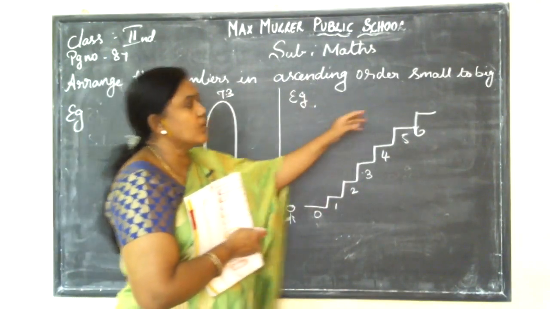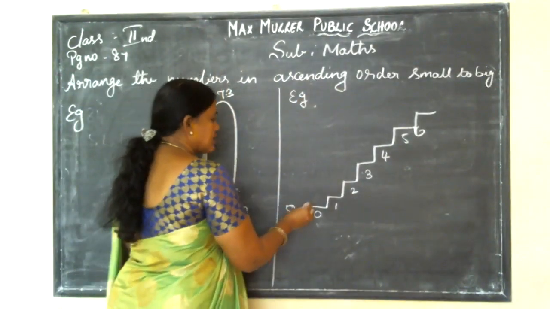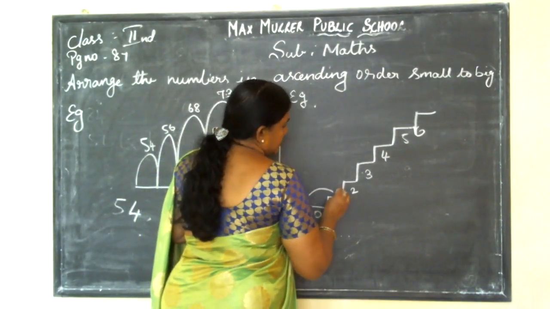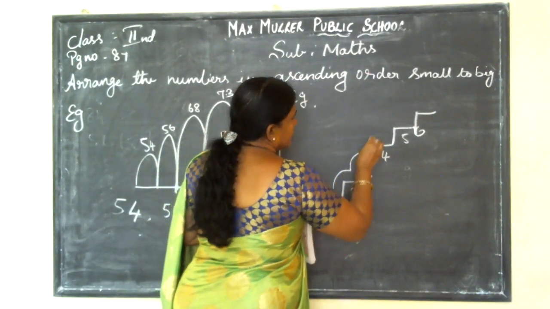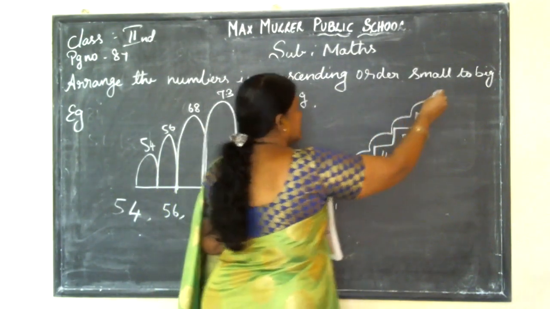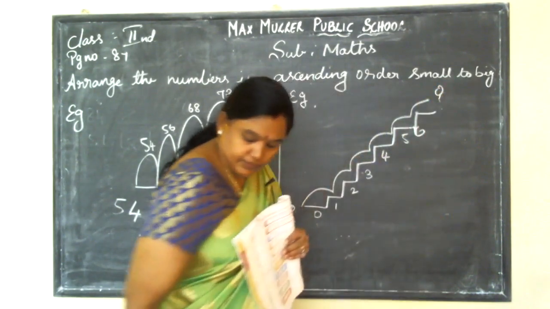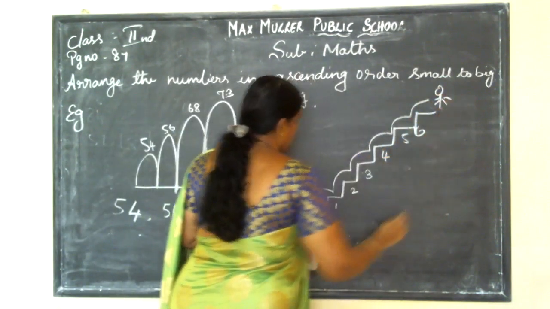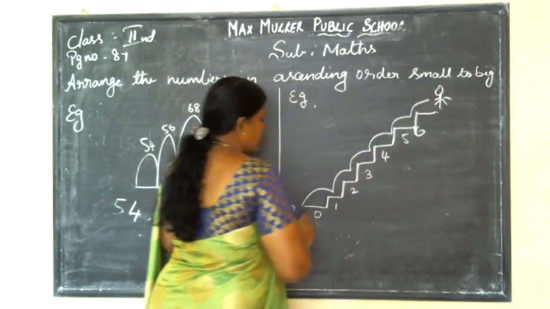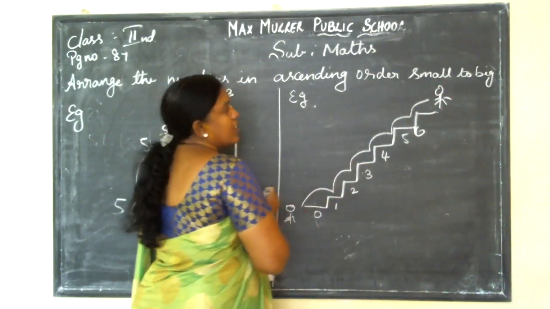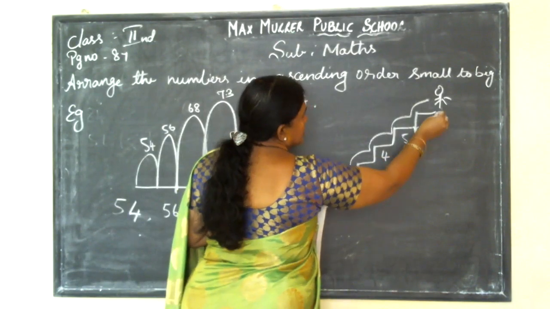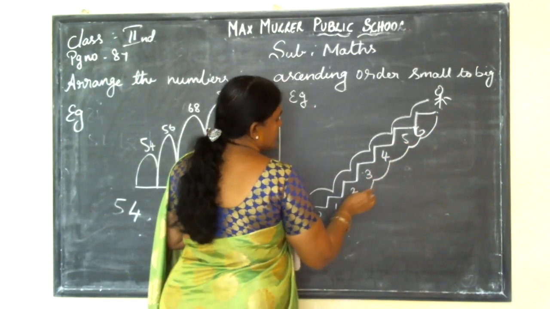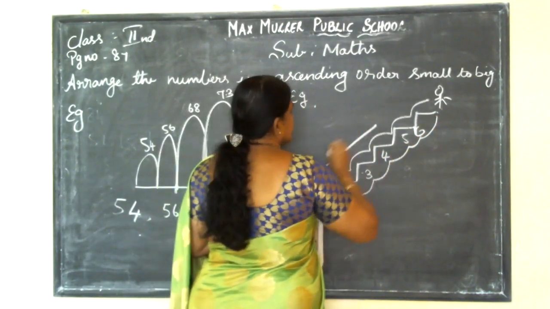So slowly he climbs up one step over here, second step, third step, fourth step, fifth, sixth, seventh. So small to big is ascending order.